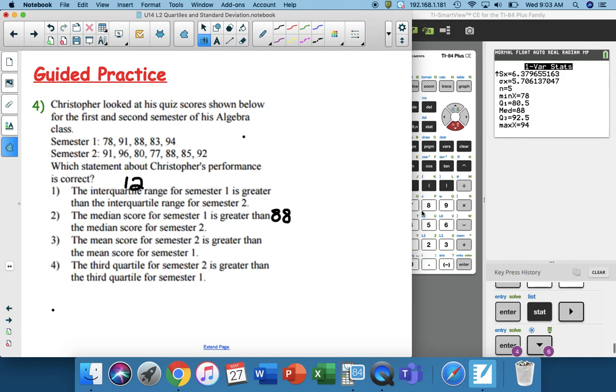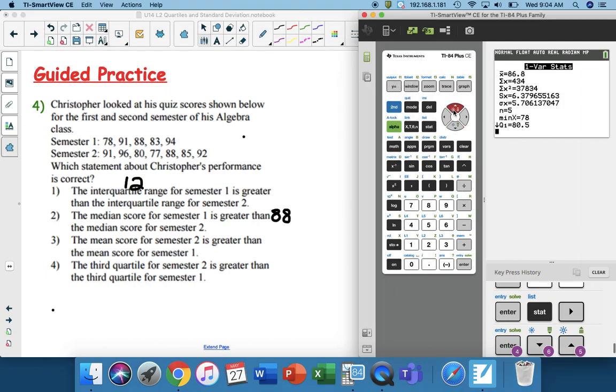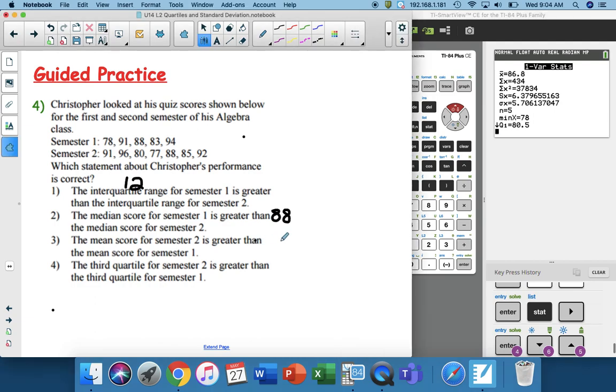The mean, remember, so we have to go back up now. The mean is the x with the dash. The mean score is going to be 86.8. Remember, this is all for semester 1 right now.